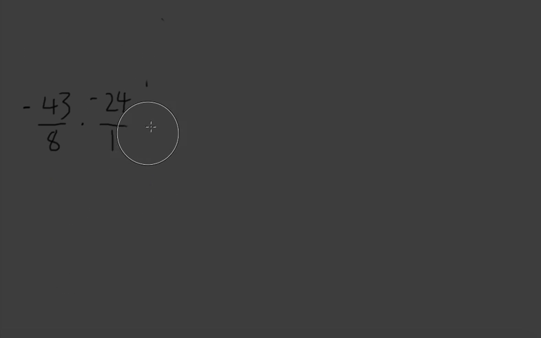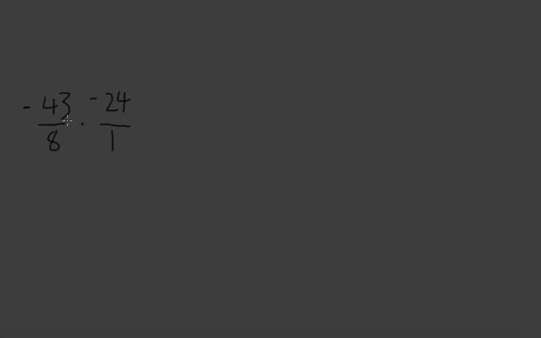To change the negative 24 into a fraction is easy. All you have to do is put a 1 underneath it. The other is pretty easy as well. You times this 8 by this 5, that makes 40, plus the 3, so it's 43 over 8. So it's negative 43 over 8, times negative 24 over 1. And let's erase this up above so we can have more room.